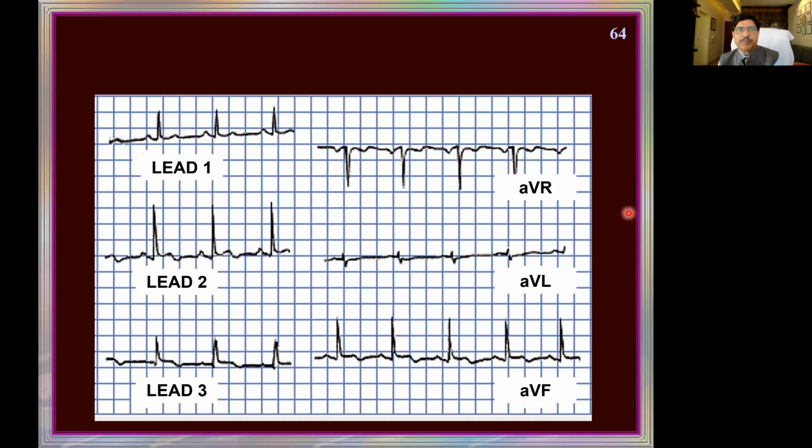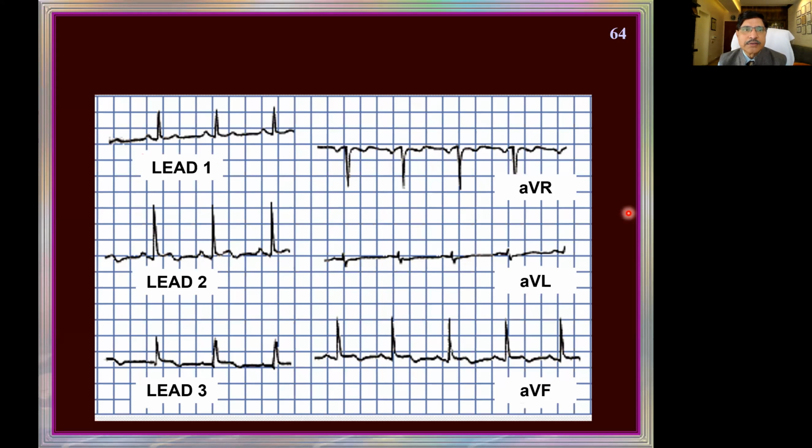And tell me, you can type also your answer. Are all the deflections positive, or anything is negative among the 4 leads which we are interested? Positive or negative? All are positive. Means it is a normal axis.